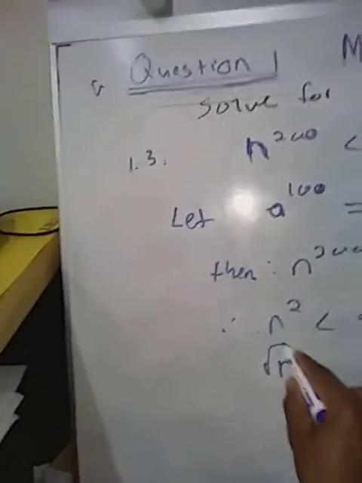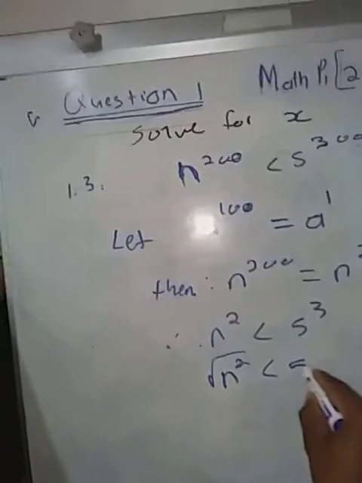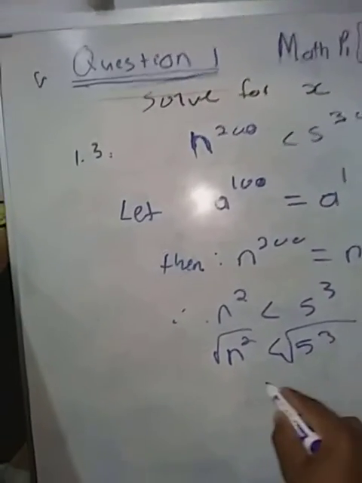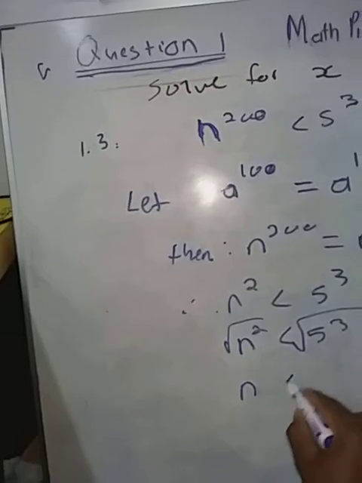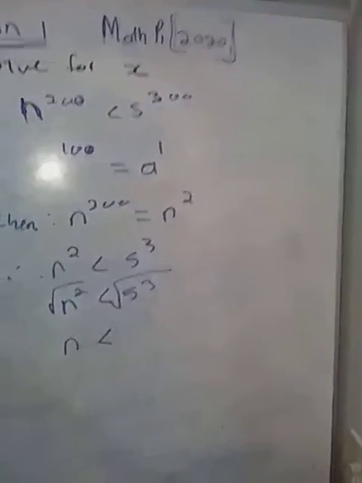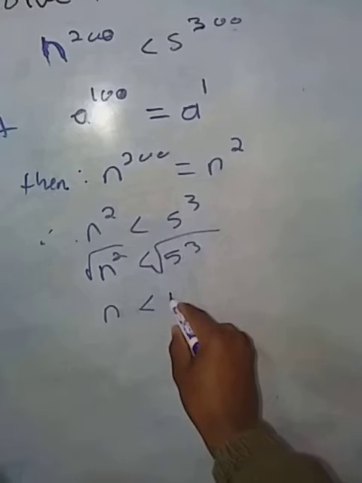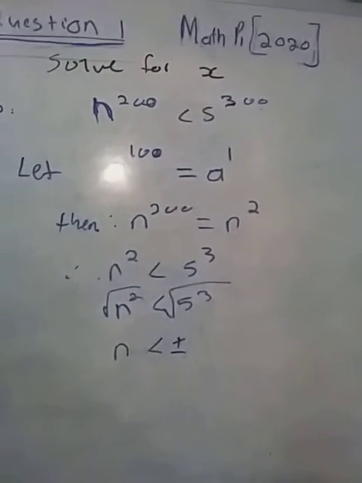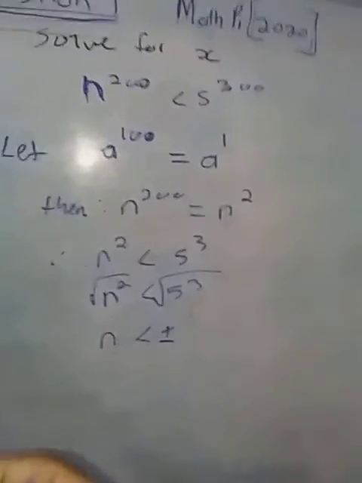Now you can take the root of this, and you're going to have n is less than. When you are dealing with the root, you must get two values, plus or minus. So we have possible answers which can be positive and negative. But our statement tells us that the value must be the largest.